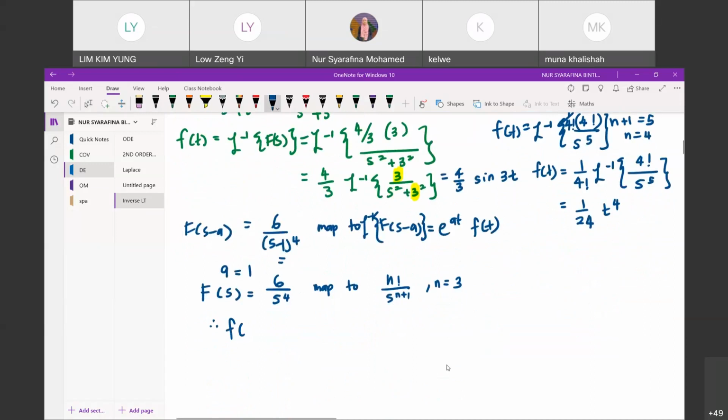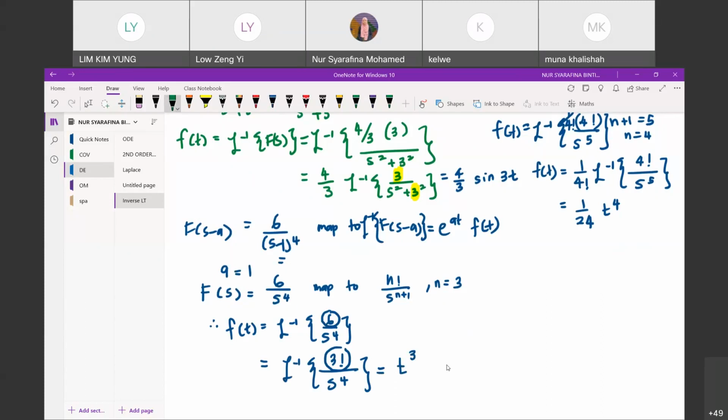So f(t) equals just the inverse of 6 over s to the power of 4, where n equals 3. So inverse transform 3 factorial over s to the power of 4, and 3 factorial equals 6, so no need to modify anything. Then this one is t to the power of 3.